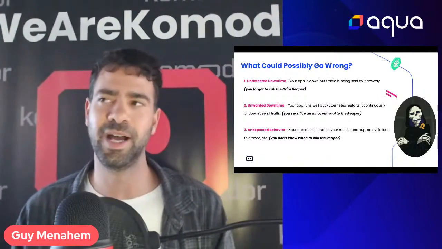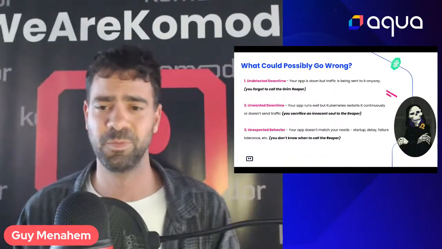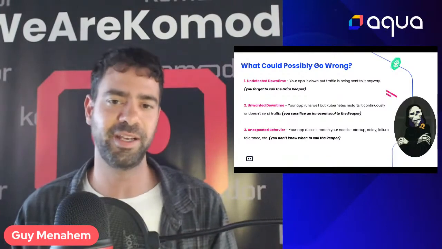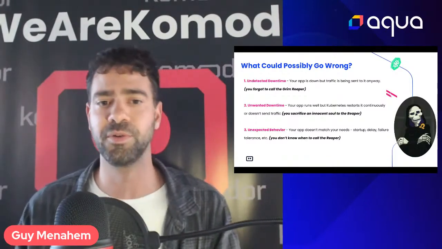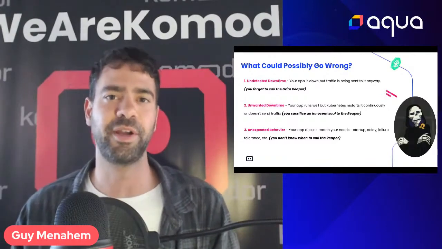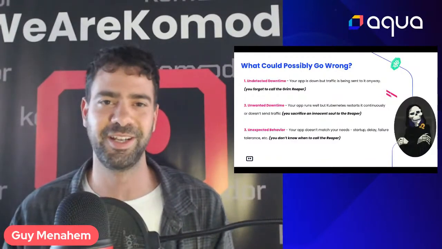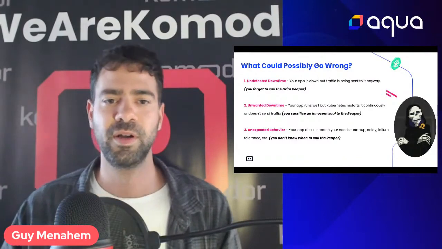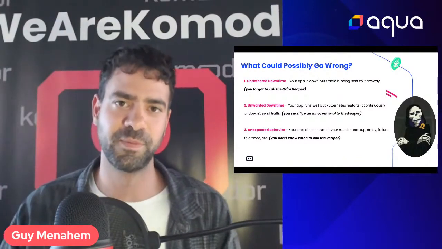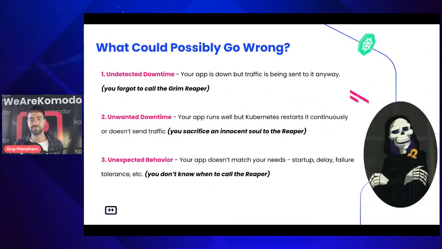Because unwanted downtime means that your application is fine, but Kubernetes doesn't think it's fine and is going to act on its own automation to help you fix that. And actually, it's going to crash your application and your users. So at the time when your application runs well, you want to make sure that all the probes are going well. Otherwise, your pod is actually fine, but you sacrifice it to the Reaper.